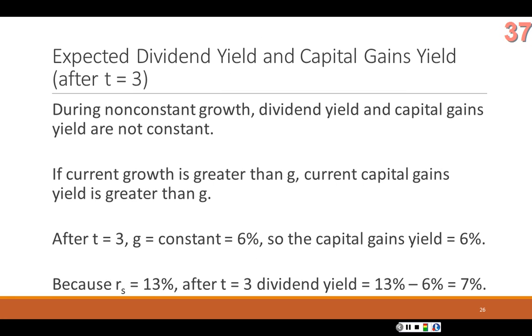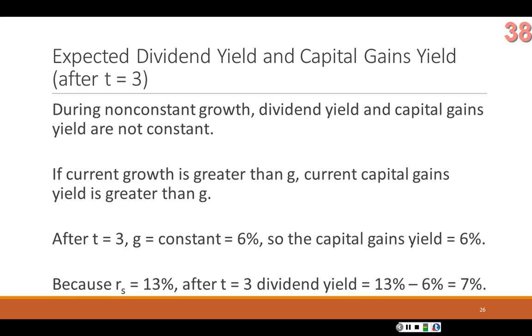If we have non-constant growth, the dividend yield and the capital gains yield are not constant. If current growth is greater than g, then current capital gains is going to be greater than g, our constant growth rate. So after time period 3 in our example, the growth rate is a constant 6%, so the capital gains yield is 6%.